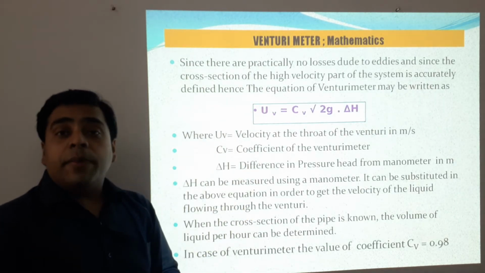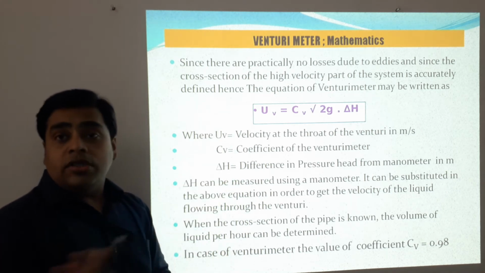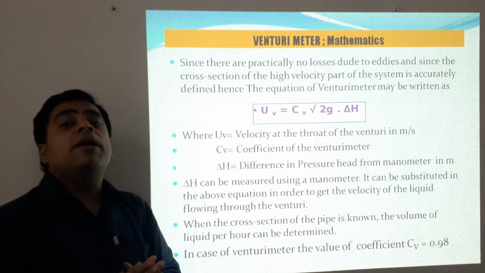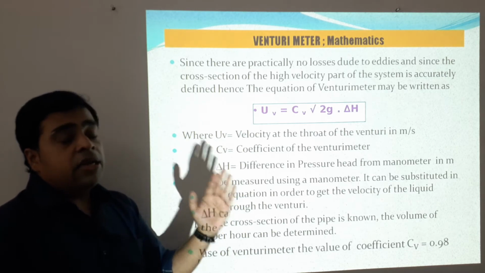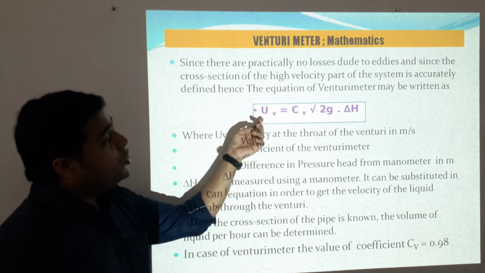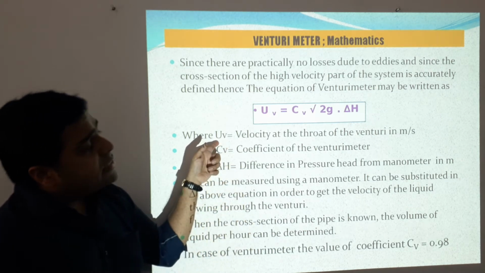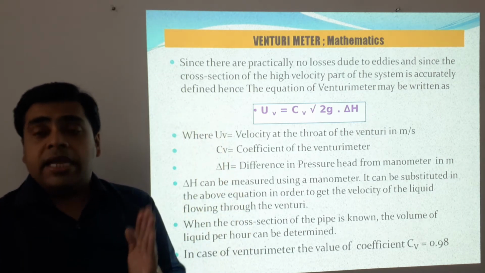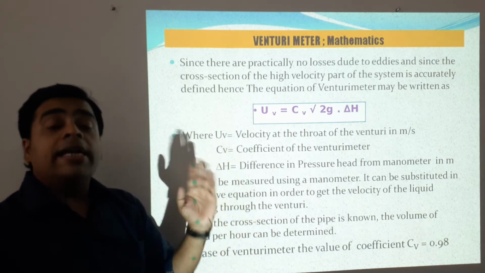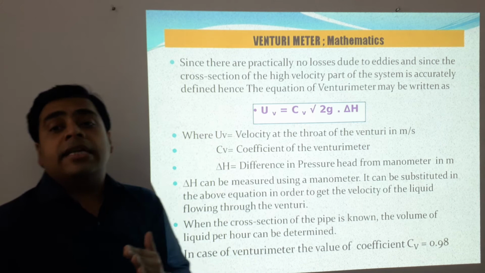So this is the mathematical expression which is evident from Bernoulli's theorem again, and since there are practically no losses due to eddies, and since the cross section of the high velocity part of the system is accurately defined, we can write: uv is equal to cv root over 2g into delta h, where uv is the velocity at the throat of the venturi meter in meters per second, cv is the coefficient of the venturi meter, and delta h, or delta hp in some books, is the difference in the pressure head from the manometer, in meters.